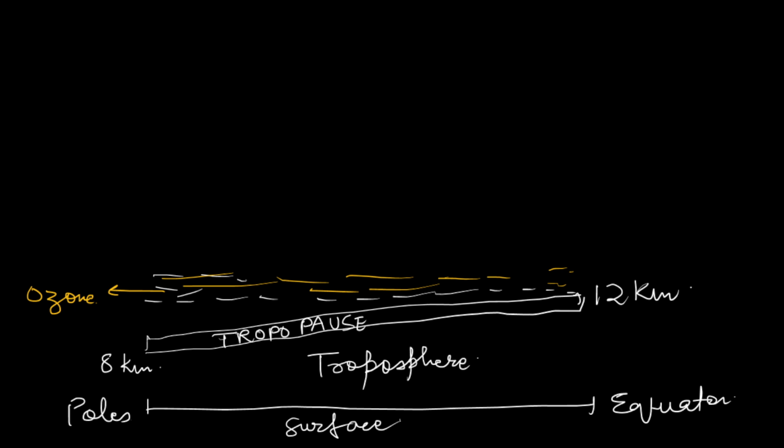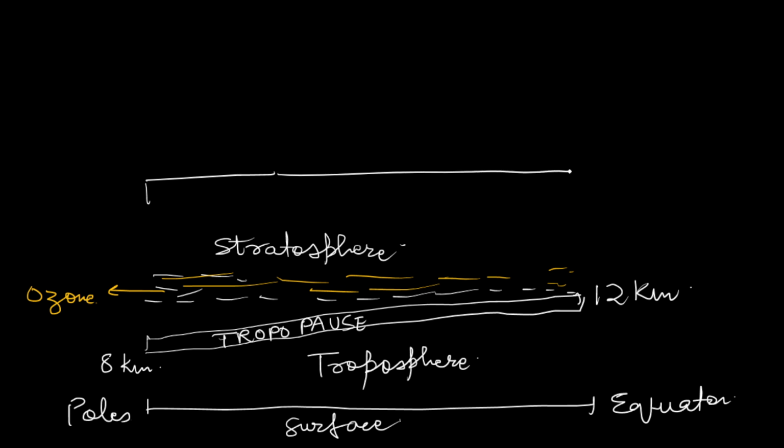And ozone is found in which layer? Stratosphere, the lower parts of the stratosphere. The stratosphere is up to around 50 kilometers, and at 50 kilometers you will find the stratopause.